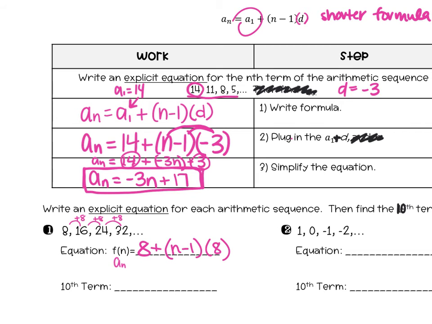So if I distribute my 8, that would be 8n minus 8, and then 8 and -8 actually cancels out and gives me 0. So my final answer would be an or f of n, either way, equals 8n.